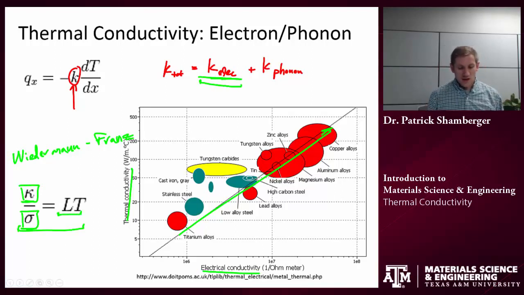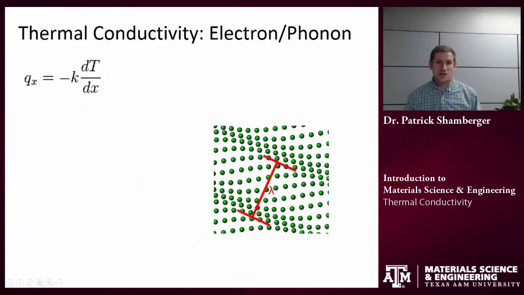And that proportionality is L, which is the Lorenz factor, times the temperature of the system. So, okay, this part is fairly easy to understand. The more electrons, the easier the electrons can move around, the easier it is for thermal conduction to happen as well. But what about this other contribution?